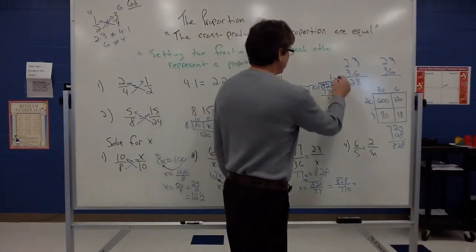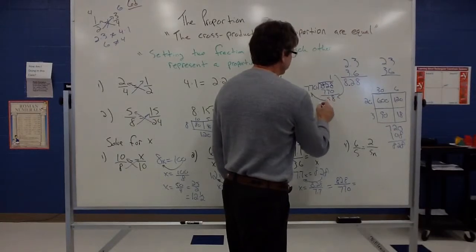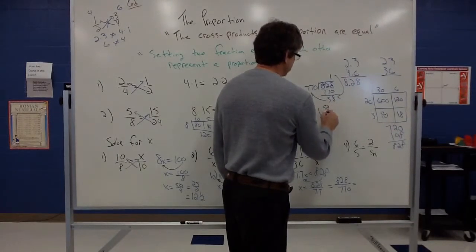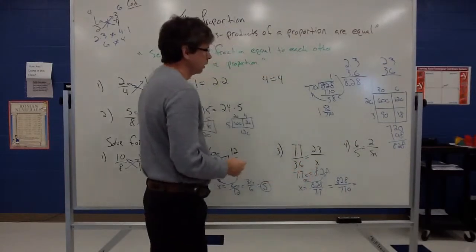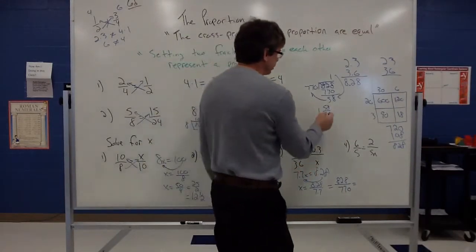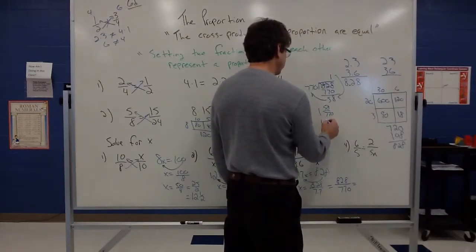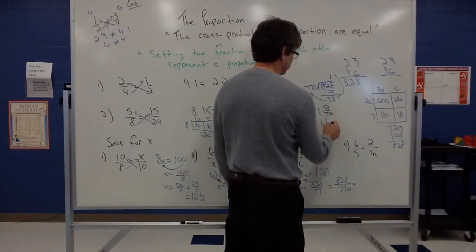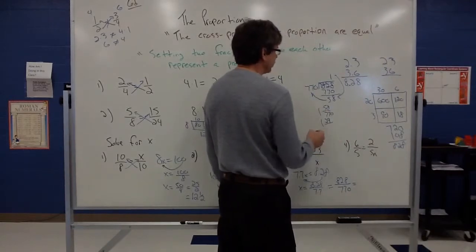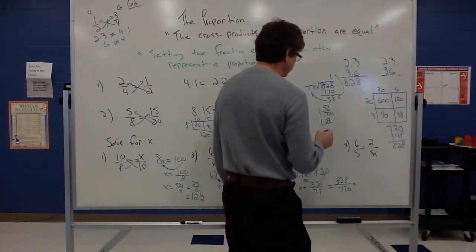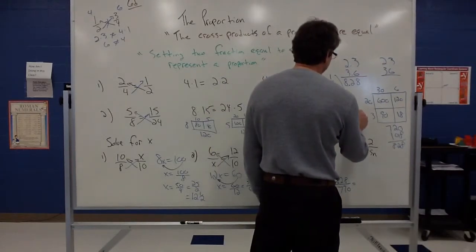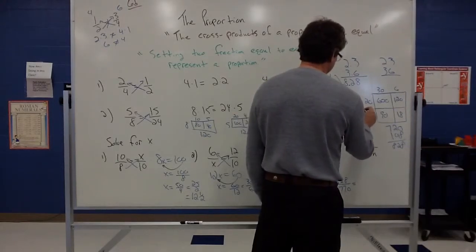So I would have 1 and 58 770ths. Or again, I can probably reduce this by dividing out by 2. That's going to change that to 29. And then I got to divide that 770 by 2. Running out of room. So 770 divided by 2. A lot of math here.